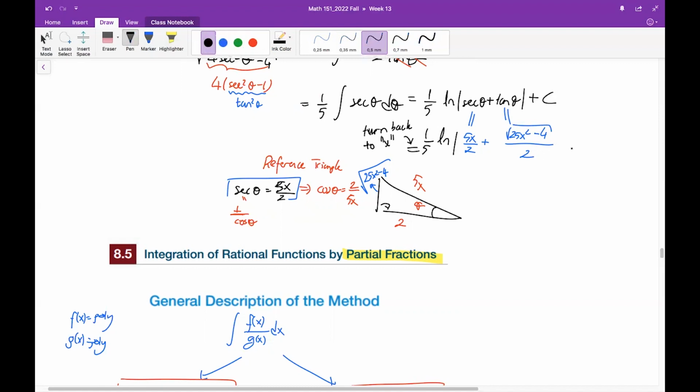And that's it. That's how you should turn back to your original variable x by using this reference triangle, okay? So at the end, you have to use this reference triangle to turn back to the original variable x. And I stop here. Thank you for your attention.